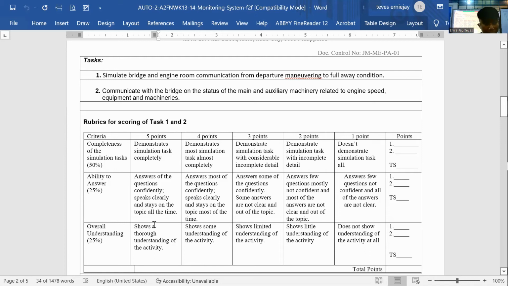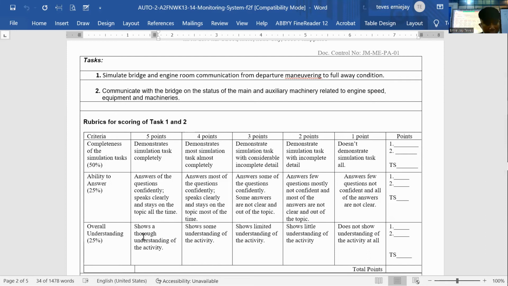And then for overall understanding, a thorough understanding of the activity. For example, in task 1, you simulate the bridge and engine room communication from departure maneuvering to full away. You will be given 5 points if you understood the activity.